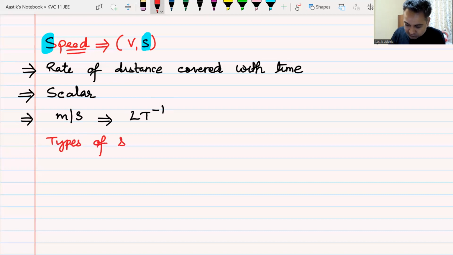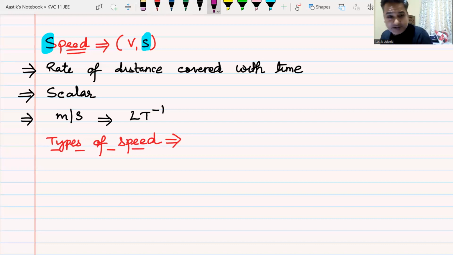So let us now move on to the types of speed. We can call this section the types of speed. What is the first type of speed that you have heard about? Uniform speed. What is uniform speed?